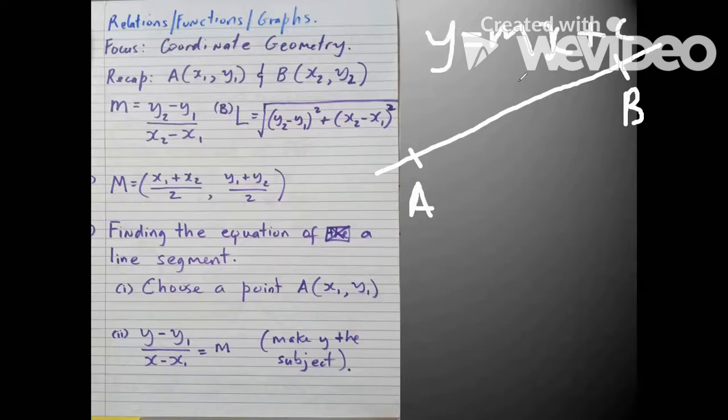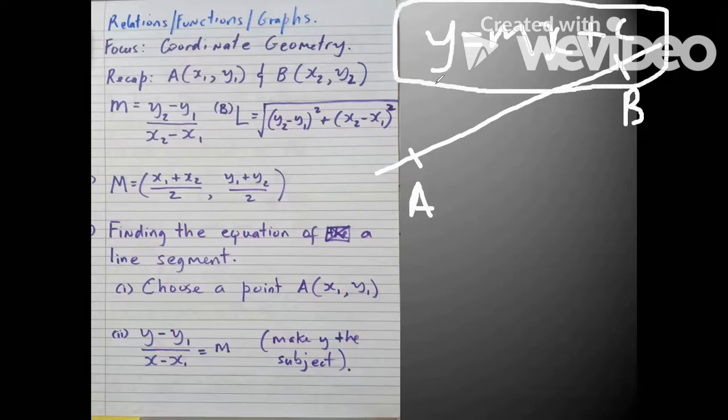Now, as you study further, there are going to be other representations you can look at. But for CXC purposes, this is generally what they recommend. y equals mx plus c for CSEC purposes. You know. All right. Because in CAPE, there's another way of writing it.